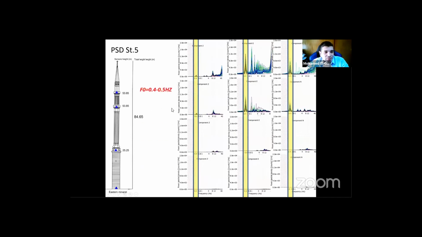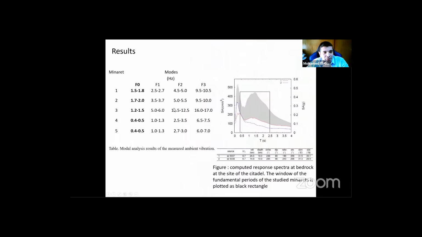This is the second minaret, the same minaret in Muhammad Ali. As you can see, we have different ranges of frequencies, from 0.4 to 2.1 hertz, represented by this square. And in these curves, you can see the expected acceleration due to earthquakes in Cairo.